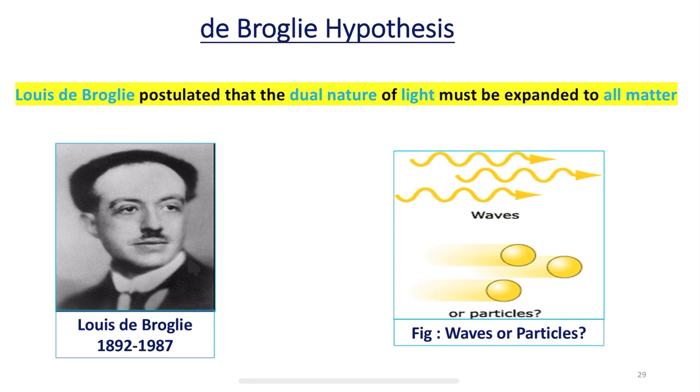But at the same time, it was observed that blackbody radiation and the photoelectric effect could be explained only if light is considered to have particle character. So to explain blackbody radiation and the photoelectric effect, we consider light to have a particle character.